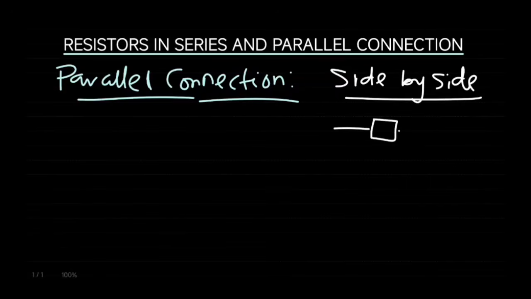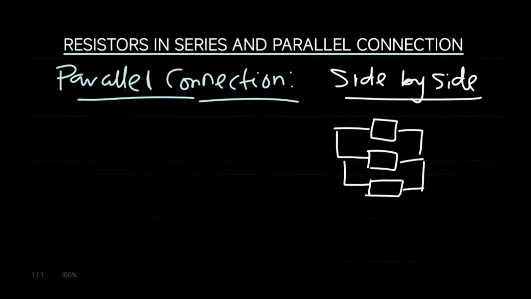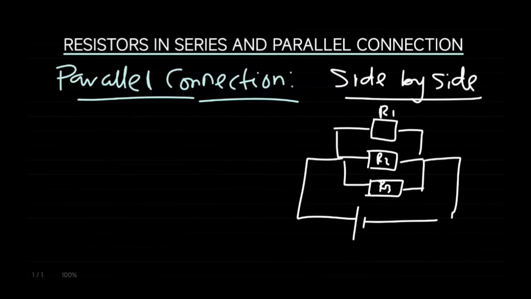The diagram is given as this. Now this is a side-by-side connection where R1 is here, R2 and R3. This is the voltage across each resistor, connected in V, plus and minus.